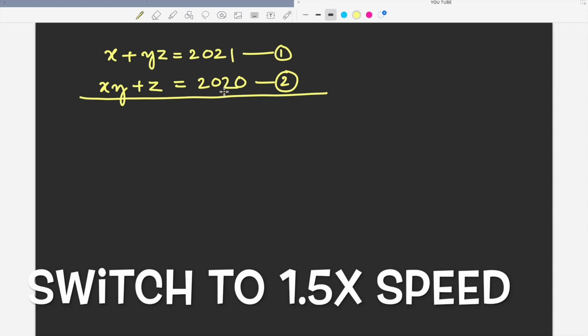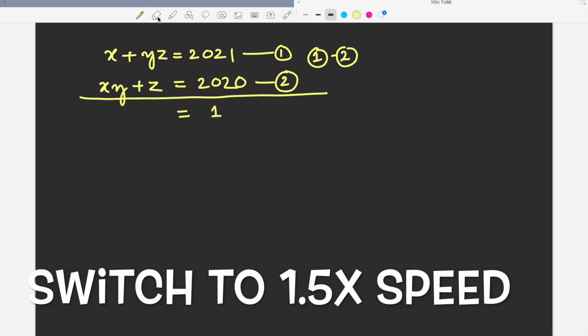So this is the first equation, x plus yz equals 2021, equation 1, and xy plus z equals 2020. When I subtract equation 2 from equation 1, therefore this would be 2021 minus 2020, which would be 1, right?